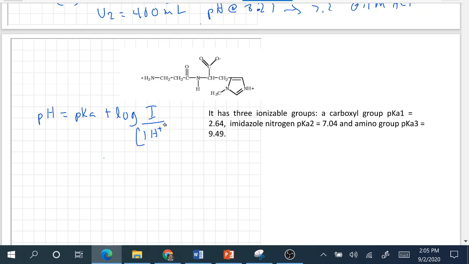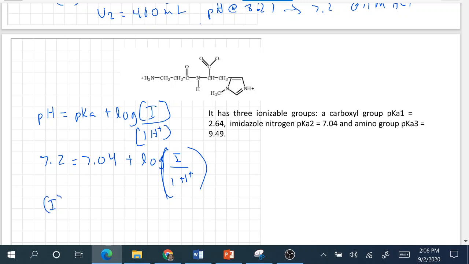We can call that I and IH plus. So the pH that we want is 7.2, and the pKa of that group is 7.04 plus the log of I over IH plus.